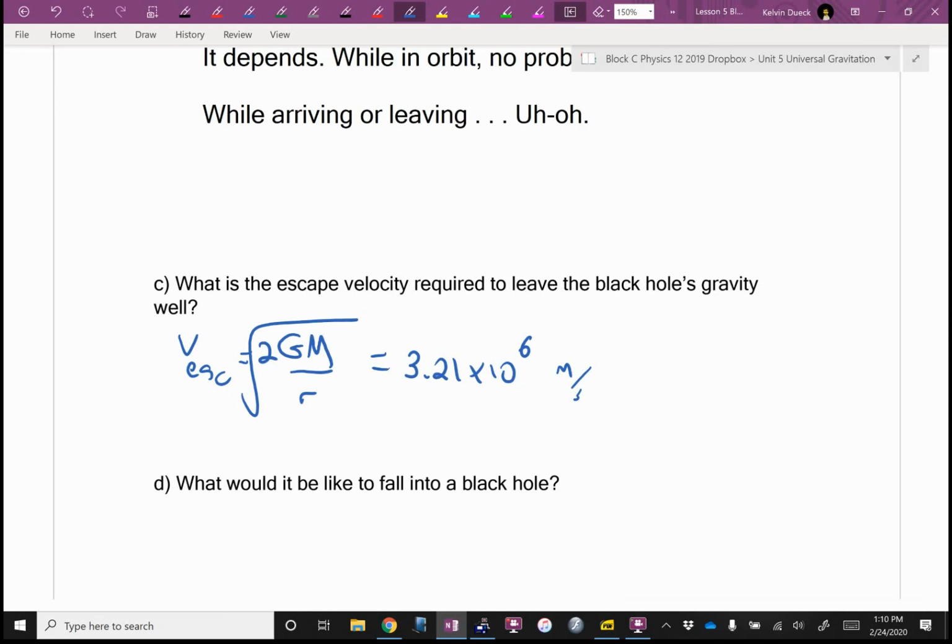What would it be like to fall into a black hole? Well, while you were in free fall, you wouldn't notice the increasing gravitational field strength. Except eventually, when you were getting near the event horizon, just the fact that you're fairly tall, let's assume you're going feet first, G on your feet would be different from G on your head.